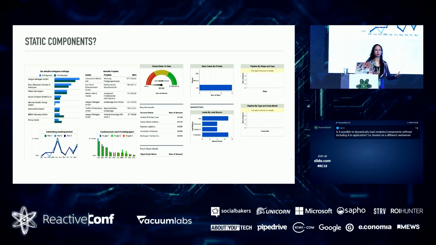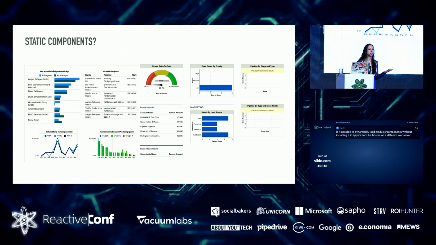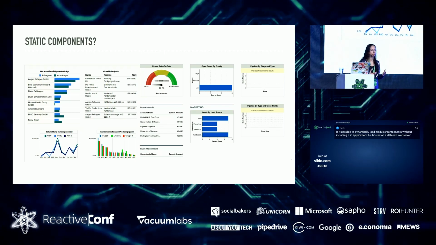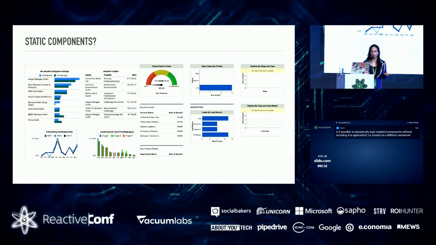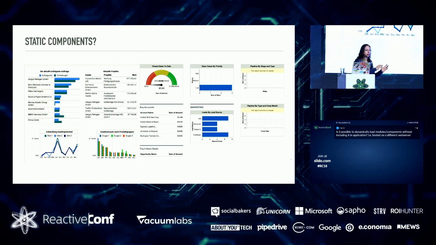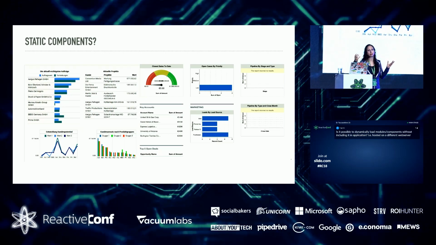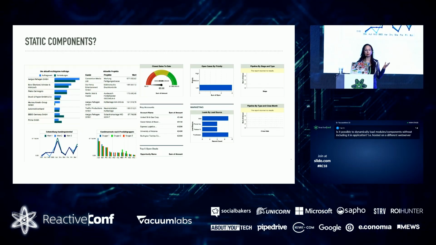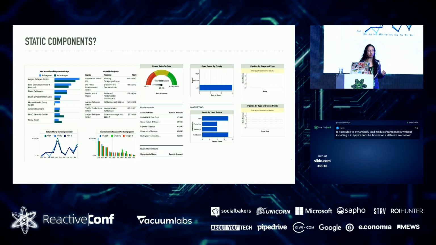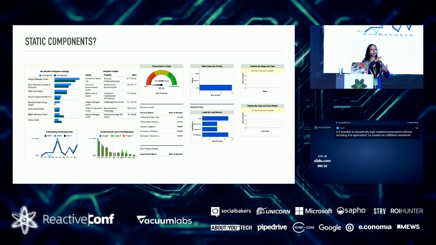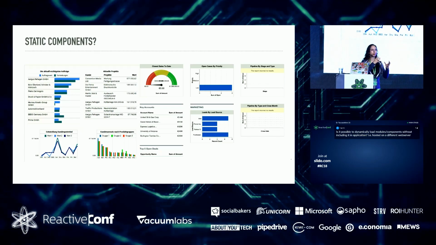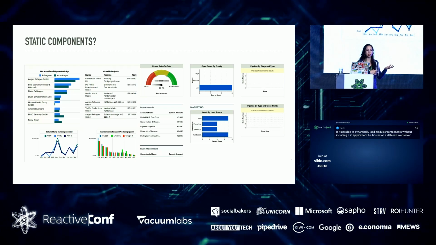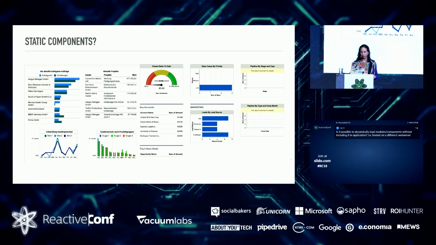So you can provide them with tens or even hundreds of different components, and the API to use them to pass data and bind to events. And the user might select only 5 types of components, 10 types of components that they want to use, not all of them. And you also don't know in which order. So the user can select the same component a few different times, the same chart with different data.